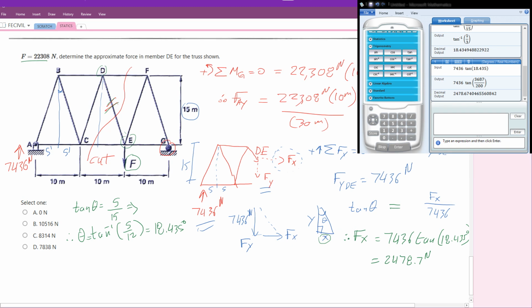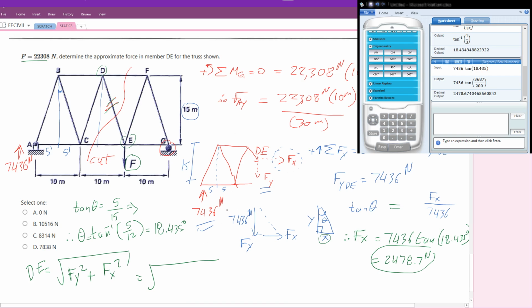Okay, for the final step, we need the whole force on this member, so we use the magnitude. We need the magnitude of DE, which is going to equal the square root of Fy squared plus Fx squared. We know this is Fx. Fy we already calculated a long time ago, it's this one.